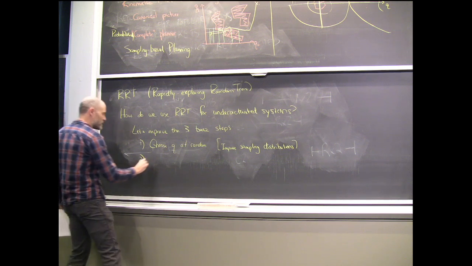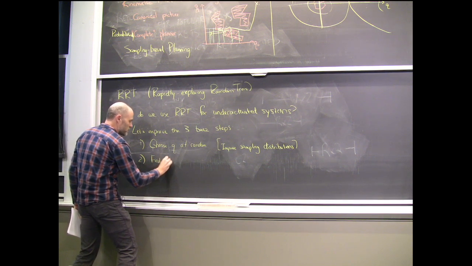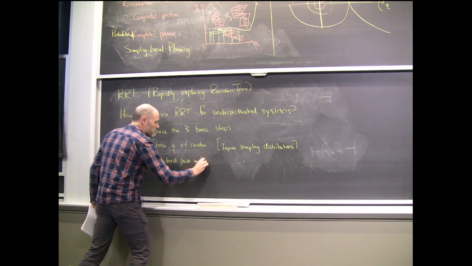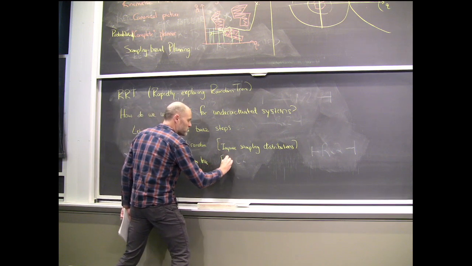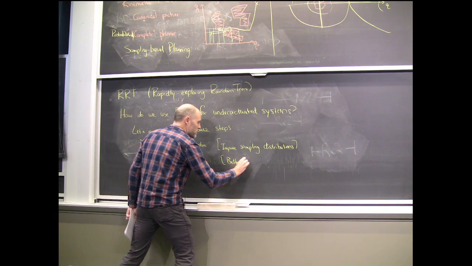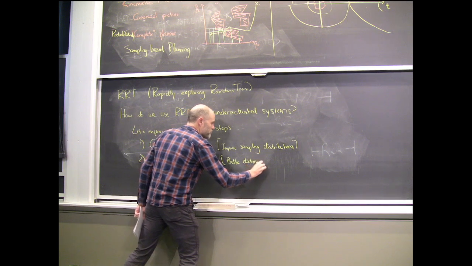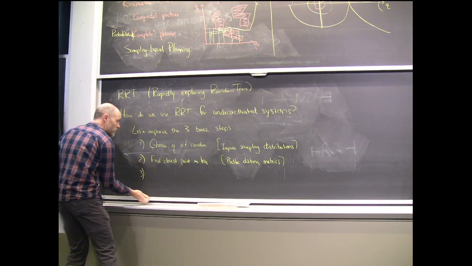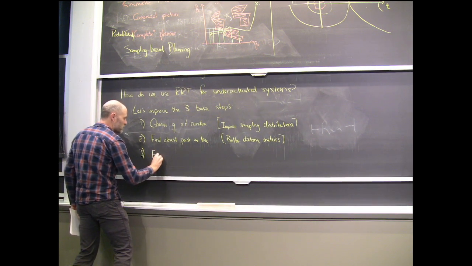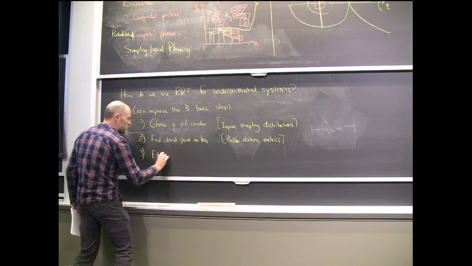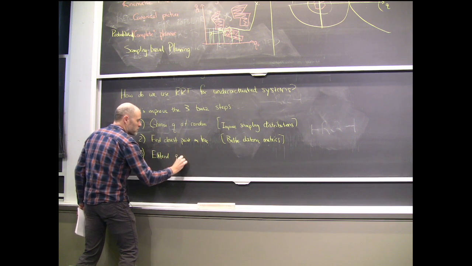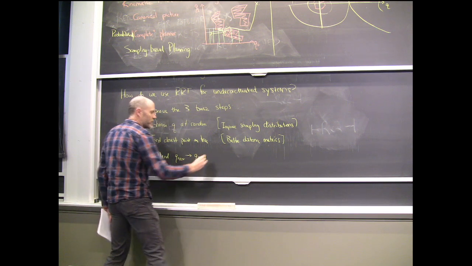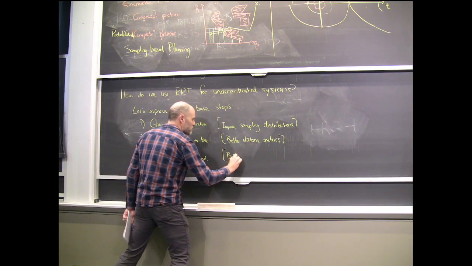We're going to find the nearest neighbor, find the closest point on the tree. Here we want to have better distance metrics. And then we need to extend the tree from Q near towards Q random. We can do better extend operations.